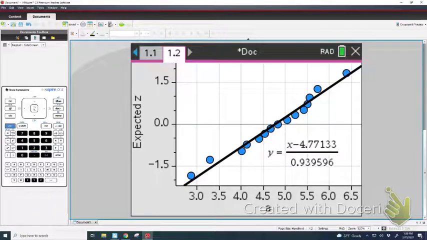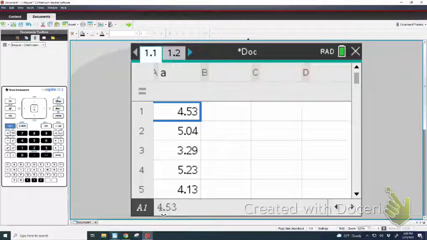So the black line is where the normal curve would fall, like each corresponding percentile or z-score. It gets a little out of line right up here on the top right, but otherwise they fall pretty close to the black line. We're going to approximate this thing as a normal distribution. So back to the problem.